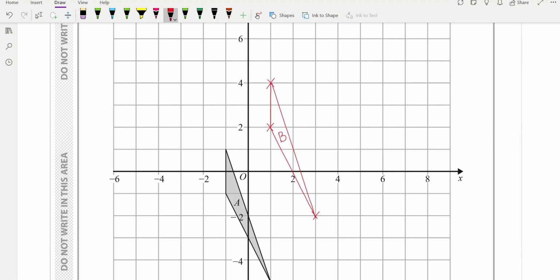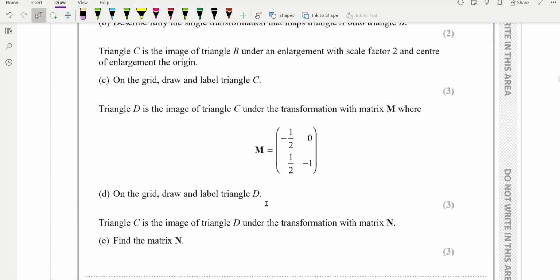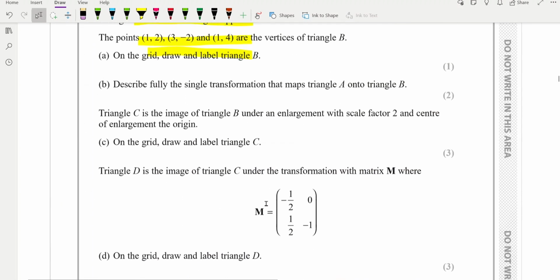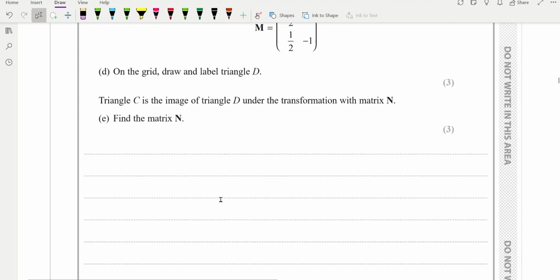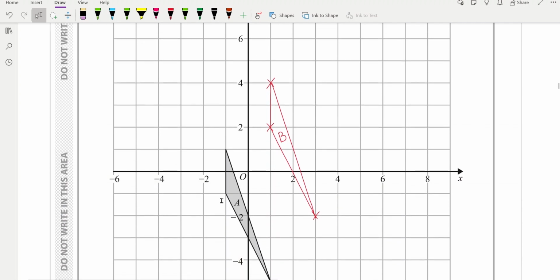And the second part, part B: describe fully the single transformation that maps triangle A onto triangle B. If we check A and B, it's just moved to this side.